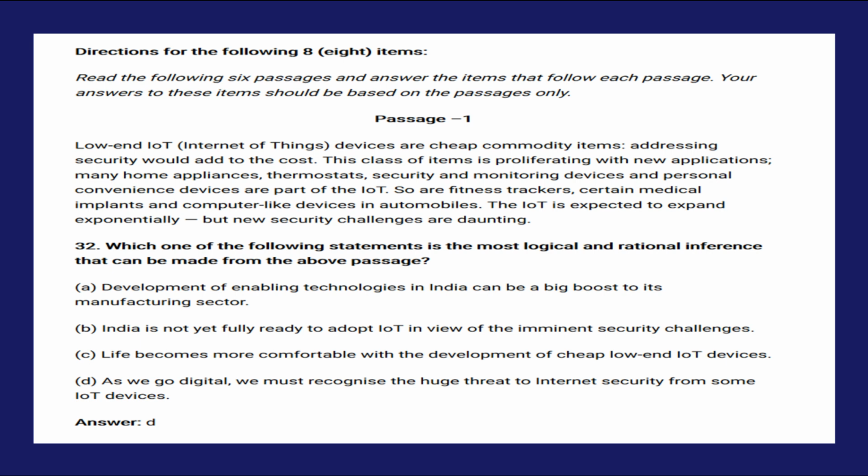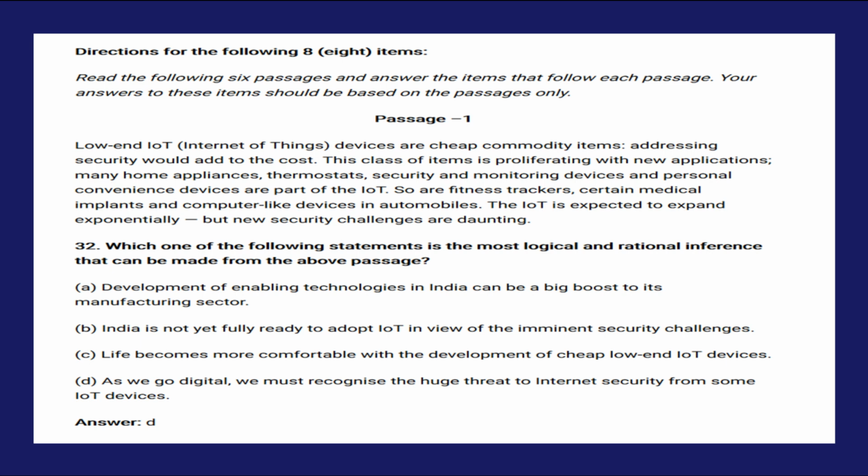Question 32. Which one of the following statements is the most logical and rational inference that can be made from the above passage? A. Development of enabling technologies in India can be a big boost to its manufacturing sector. B. India is not yet fully ready to adopt IoT in view of the imminent security challenges.